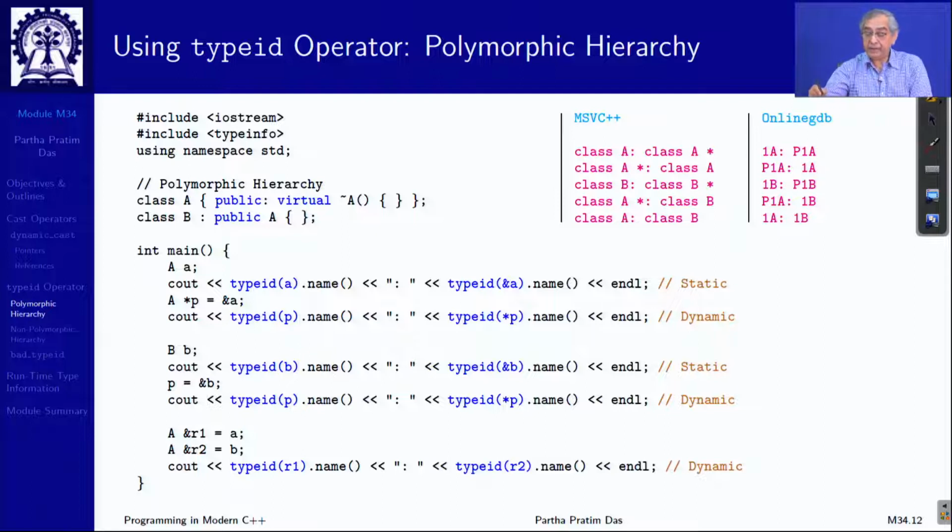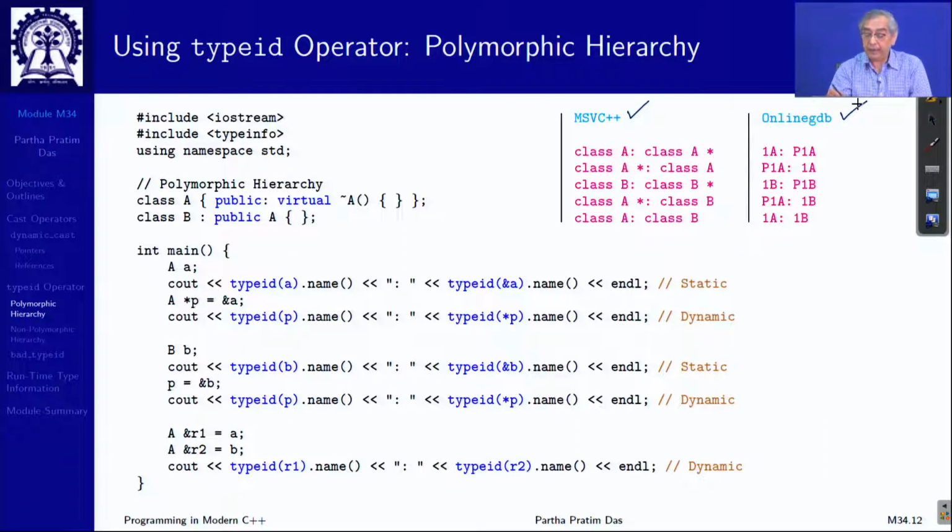I have given two sets of outputs here. This is what I found on my Microsoft Visual C++ compiler, which is more understandable, and this is what I found on the online GDB. I said that it is implementation dependent, implementation defined.